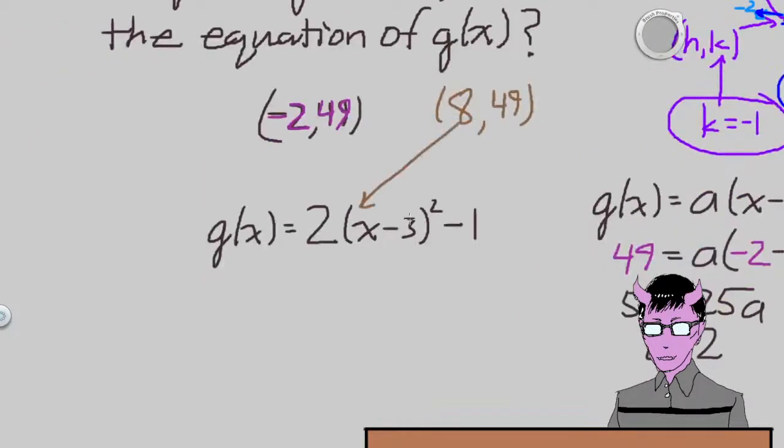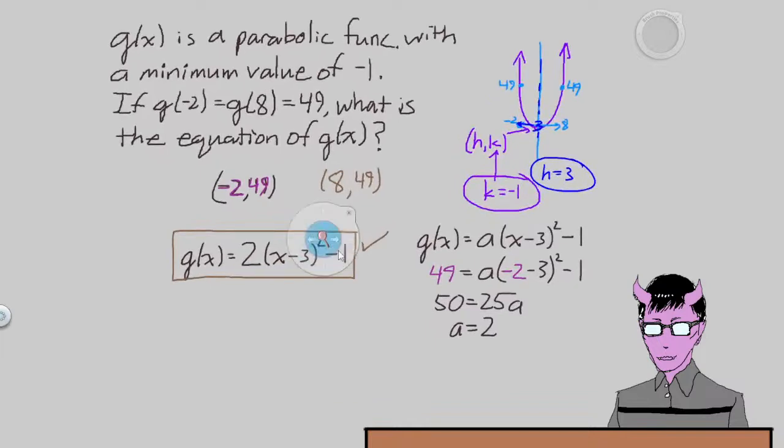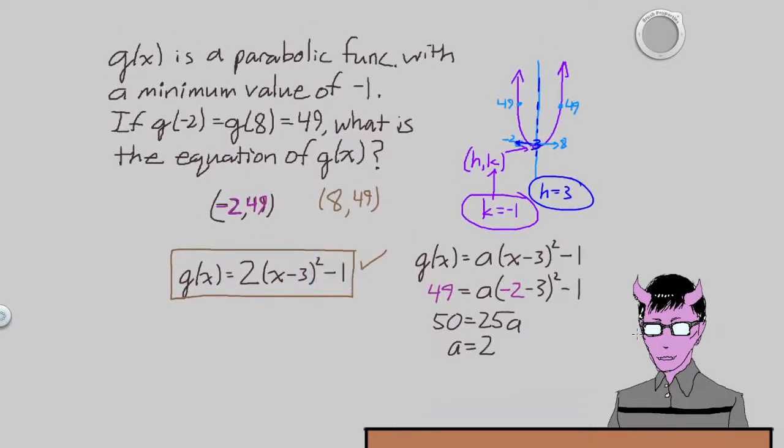So plug in the 8. 8 minus 3 is 5, so that should work out, because we already did it with -5. 5 squared is 25. 25 times 2 is 50. 50 minus 1 is indeed 49. So this pretty much clinches it. Taking a step back, overall, it checks out. We should be good to go.